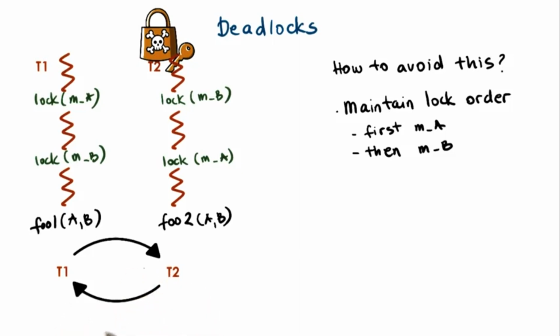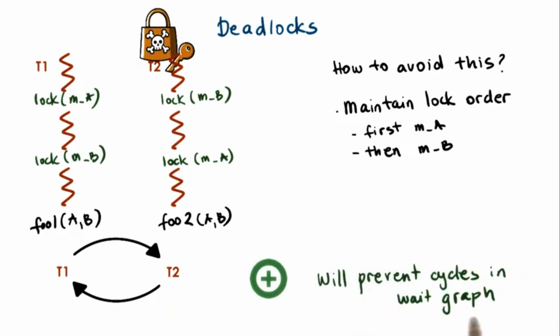In principle, this type of analysis is a little bit more difficult to illustrate and to determine, but what we're trying to really show is that if there is a cycle in this kind of wait graph, in which we draw a line between two threads if one thread is waiting on a resource that the other thread has, then a cycle indicates a deadlock. Maintaining a lock order will prevent such cycles from occurring. So we'll ensure that there will be no deadlocks in the code.